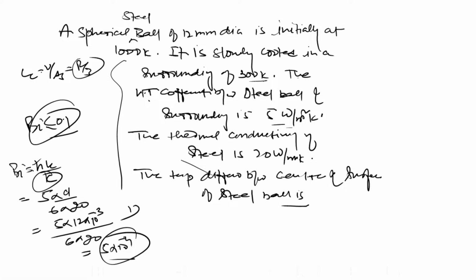So here the value of the Biot number, which we have checked against 0.1, means the system is lumped. If it is a lumped system, then I told you the Biot number is defined in terms of temperature difference.